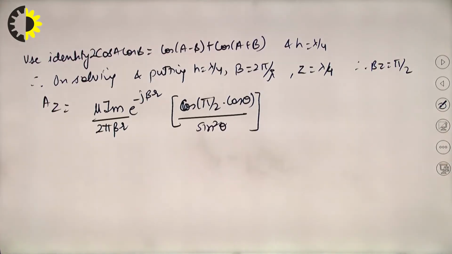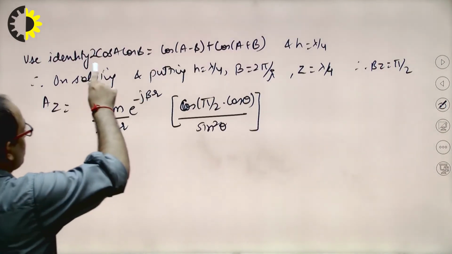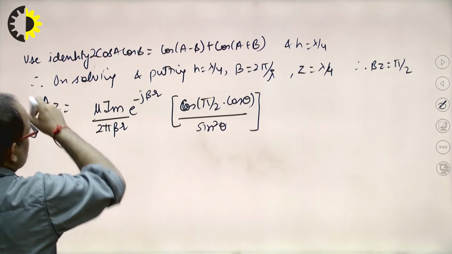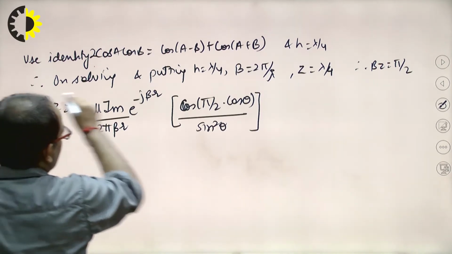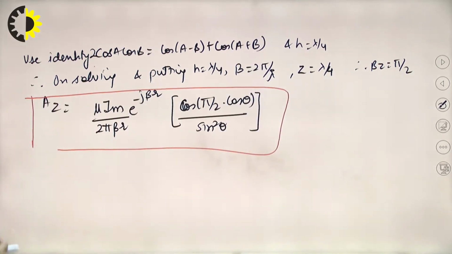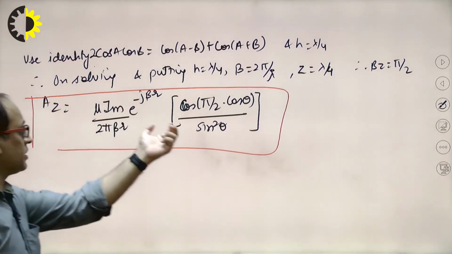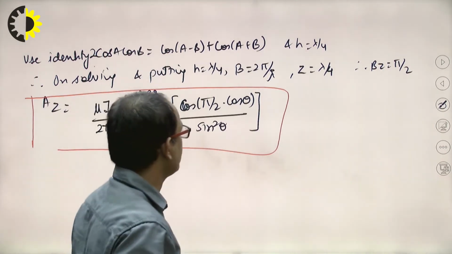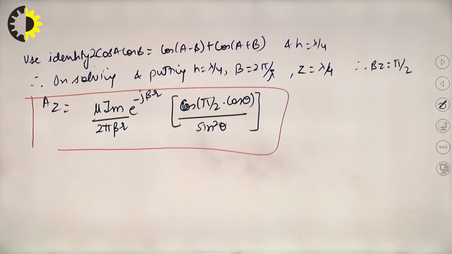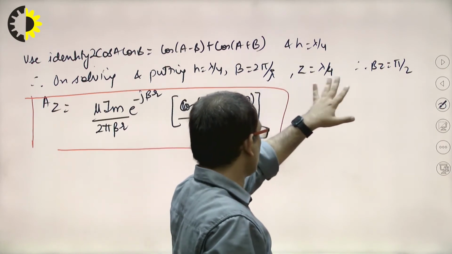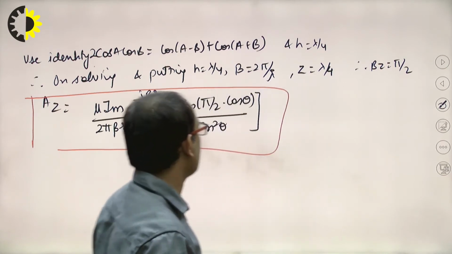So on putting this value and using the identity 2 cos a cos b equals cos(a minus b) plus cos(a plus b), just put this value, you will get Az equal to mu into Im divided by 2 pi beta r, e power minus j beta r, cos(pi by 2 cos theta) divided by sin square theta. Use the identity h equal to lambda by 4, beta equal to 2 pi by lambda, put these values and z equal to lambda by 4.